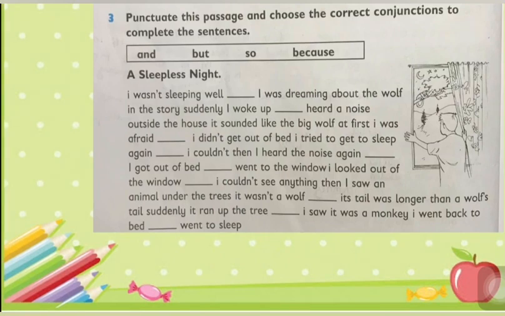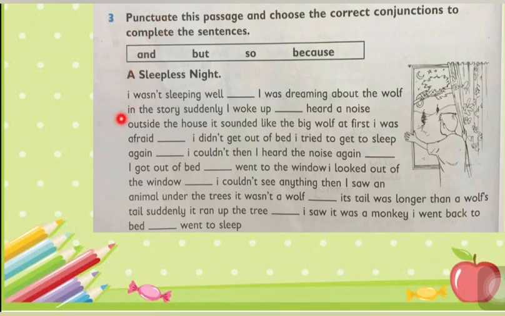The last question. Punctuate this passage and choose the correct conjunctions to complete the sentences. And what are the conjunctions available to us? And, but, so, because. Now children, you are very well aware of how to use these conjunctions, but how to punctuate this passage? This is small i.